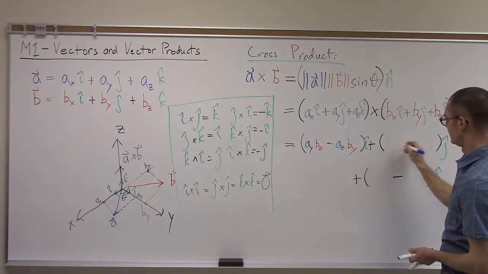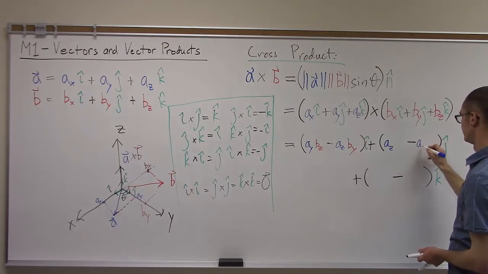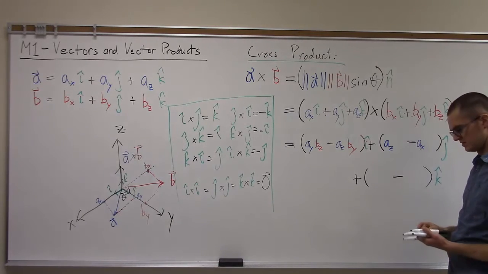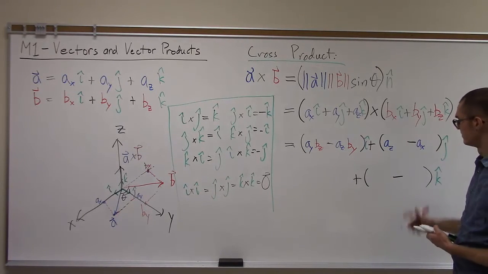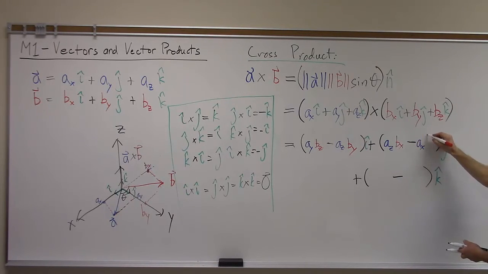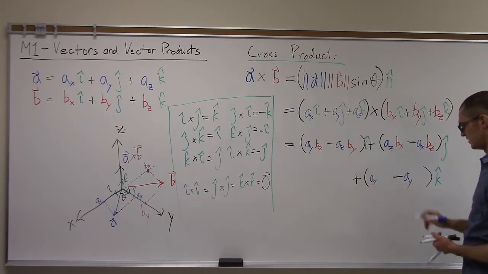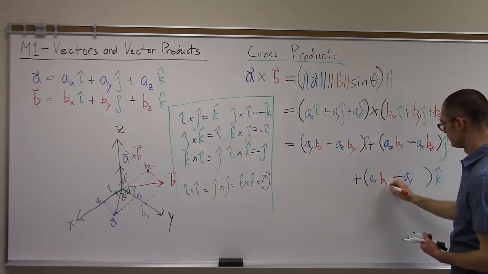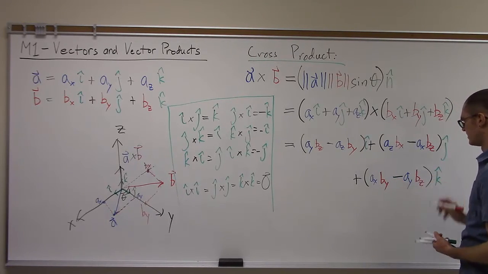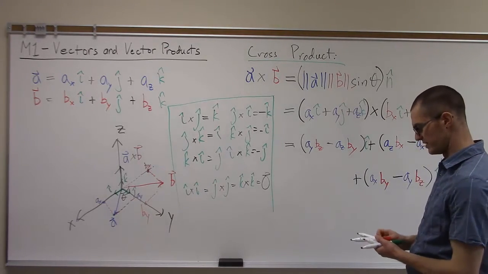Similarly, in the y direction, we're going to have the z and x components, so az bx minus ax bz. And in the third direction, the z direction, we'll have the x and y components, so ax by minus ay bx.